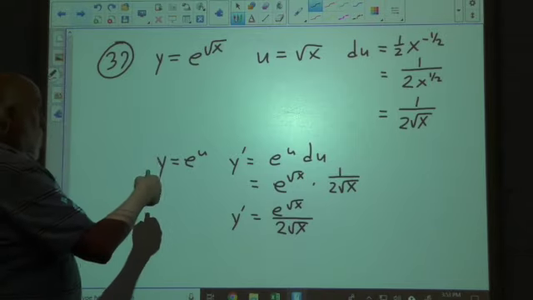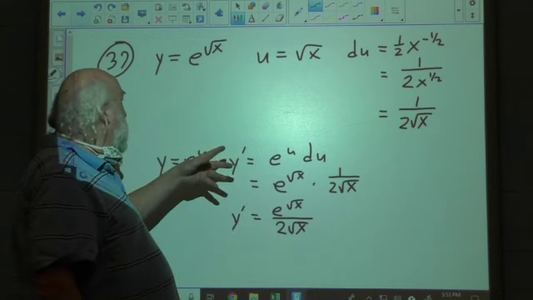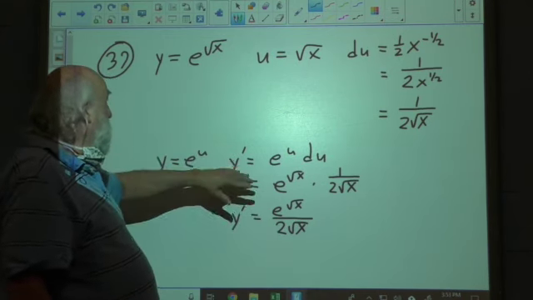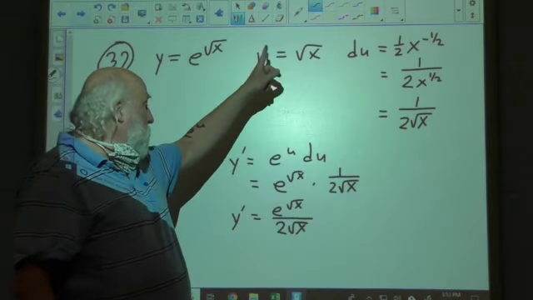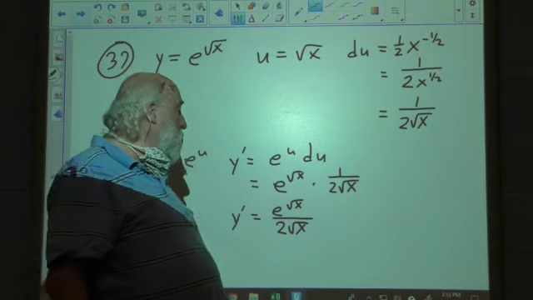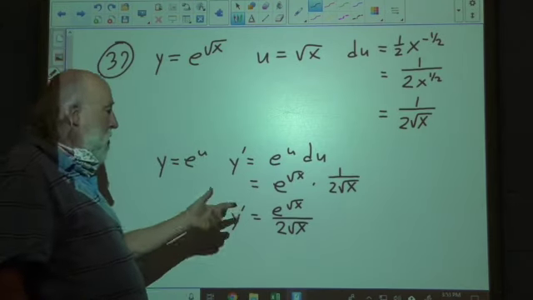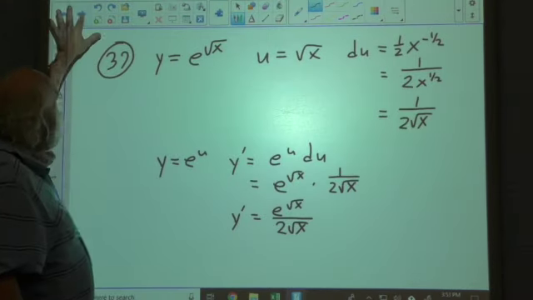So the derivative of y is going to be e to the u du. Well, e to the u becomes e to the square root of x, and then the derivative of the square root of x is 1 over 2 square root of x. Combining them together as one fraction, we get e to the square root of x over 2 times the square root of x.